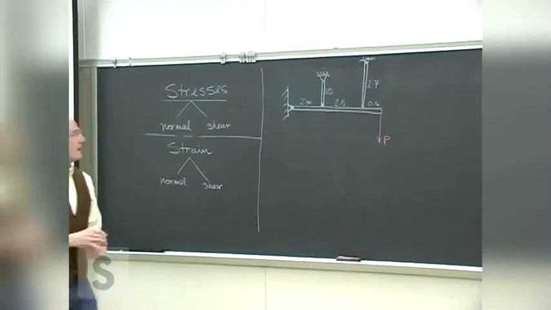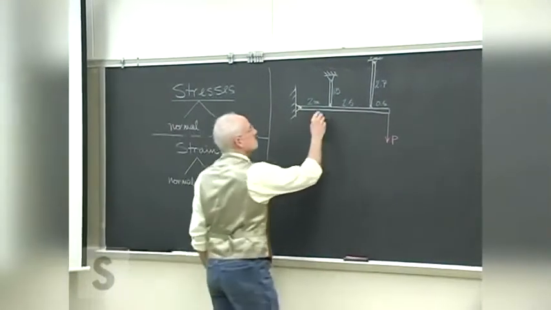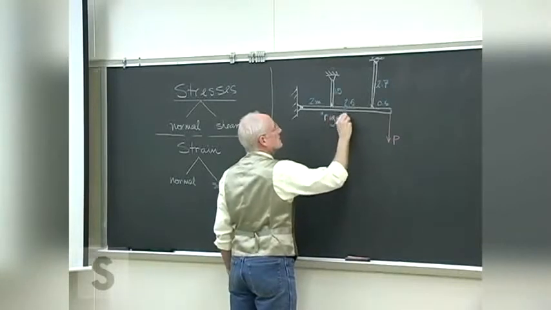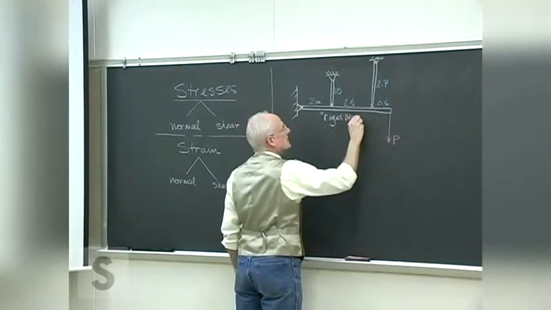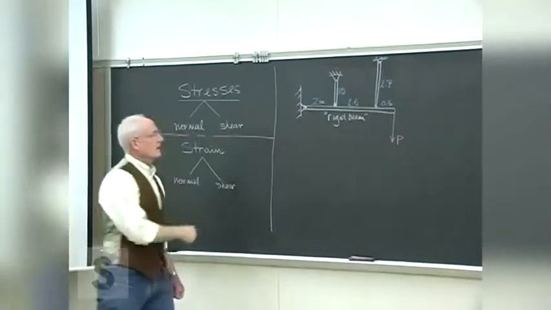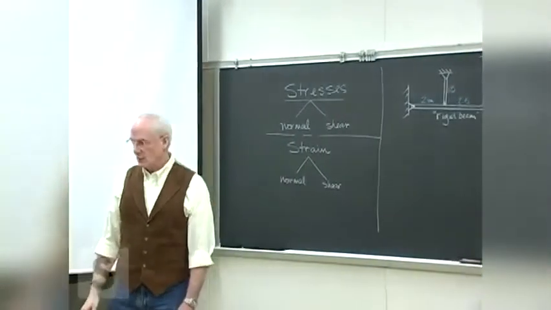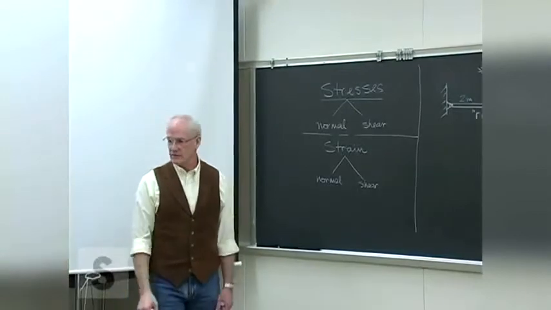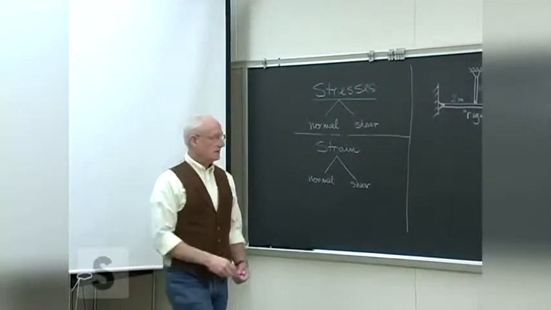Now, for our purposes here, so far, we're going to assume that this beam, the horizontal beam there, is what we call a rigid beam, meaning it itself is not going to deflect under any loads.